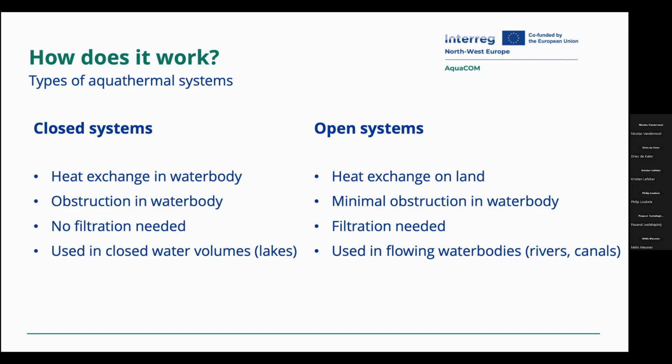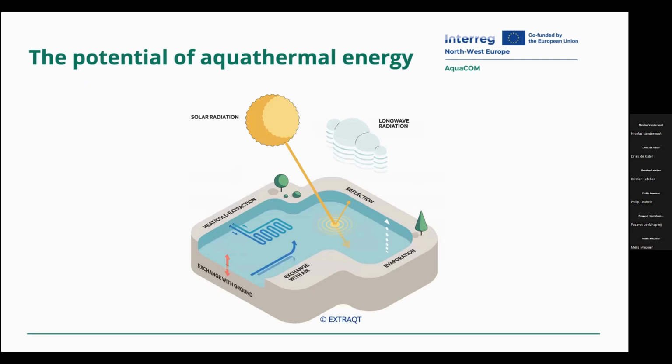But how do we get energy in that water body? Well, you can see it as a thermal battery, which is charged by the surrounding environment. Mainly it is the sun that is heating our water bodies, and it gives us the specific temperature.